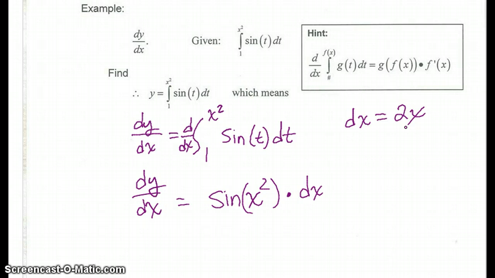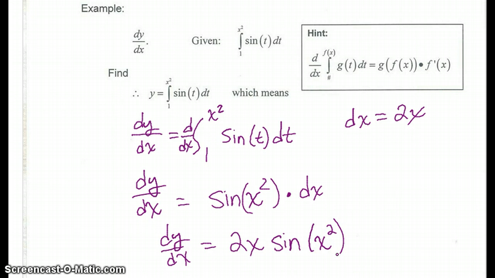Therefore, we get final answer, dy/dx is equal to 2x sine of x squared.